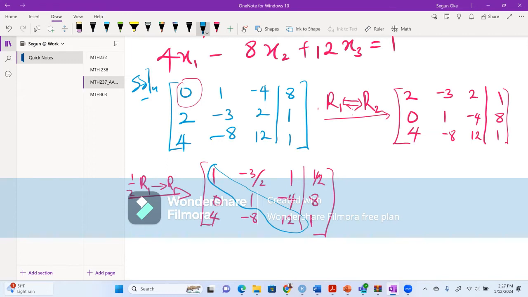Now let's look at this. You agree with me if I say -4R1 plus R3 becomes my new R3. So I have 1, -3 over 2, 1 over 2, and my R2 remains R2.